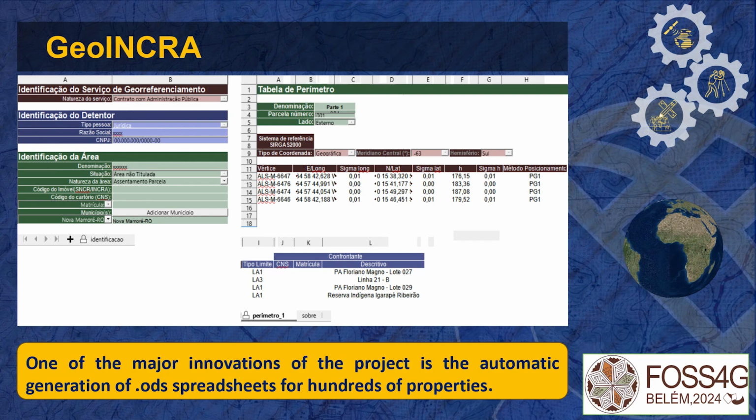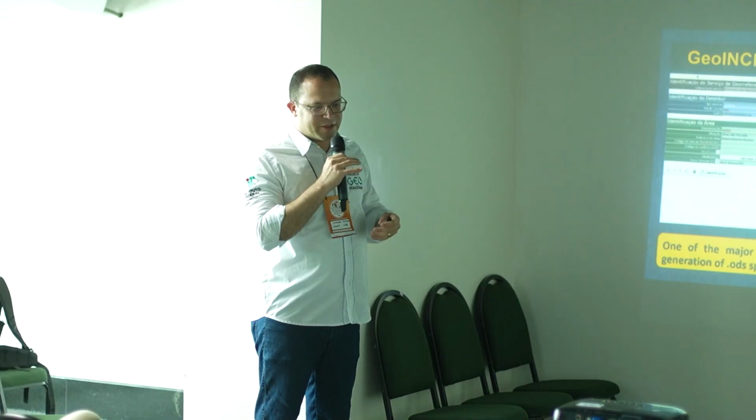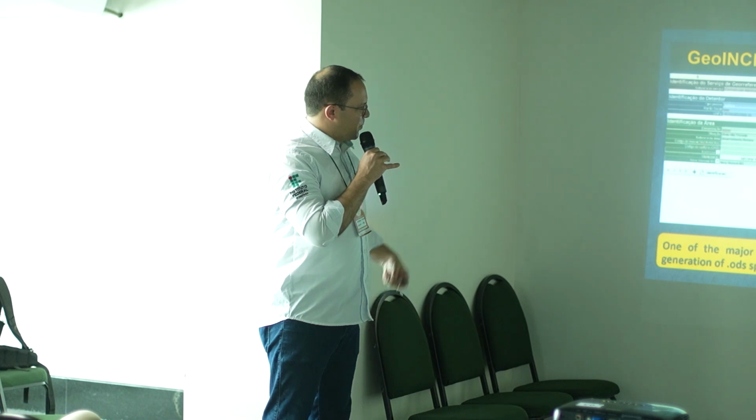And here we can see just one spreadsheet with some information. We can see the property information and the coordinates. The projection is a little small, but you can have faith that these are numbers and precisions and all information about the limits, the vertices, and the polygon area.